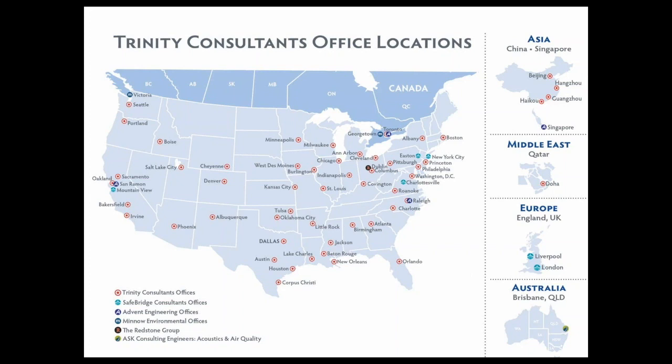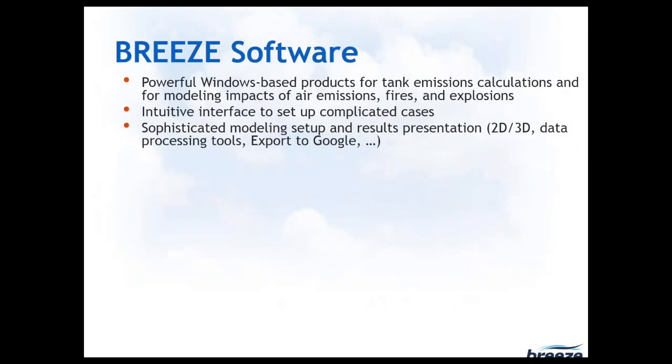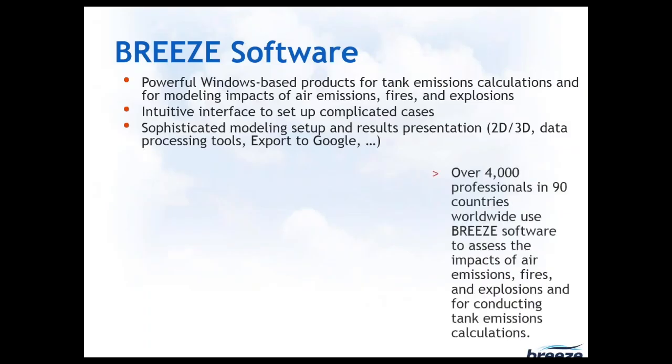So Breeze is Trinity's EH&S software data and services division. We offer powerful Windows-based products for conducting tank emissions calculations and also for modeling the impacts of air emissions, fires, and explosions. Our programs have intuitive interfaces to help set up even the most complicated modeling cases.